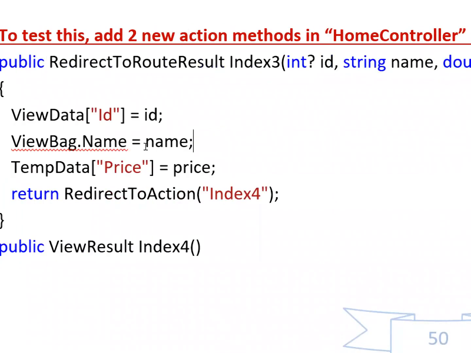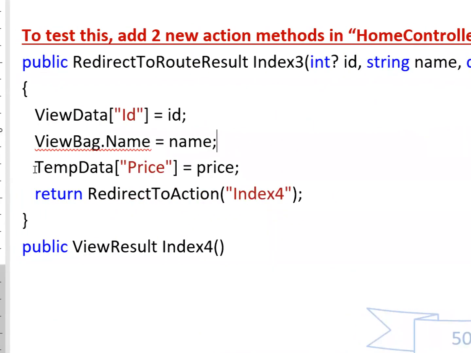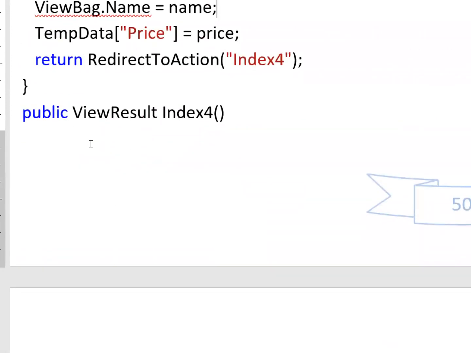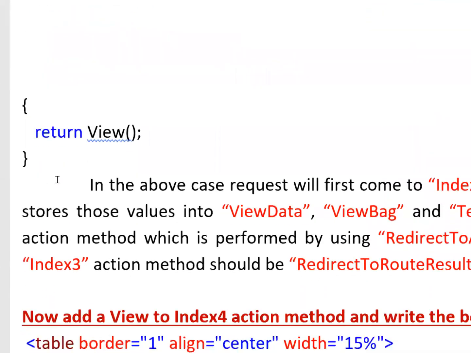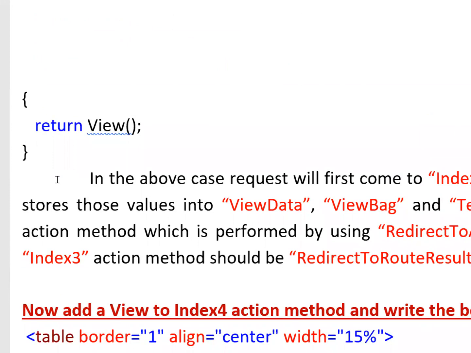First one, you're storing the value in view data, view bag, temp data. Redirecting to index 4. Second method, index 4. Nothing there, simple return view, that's all.